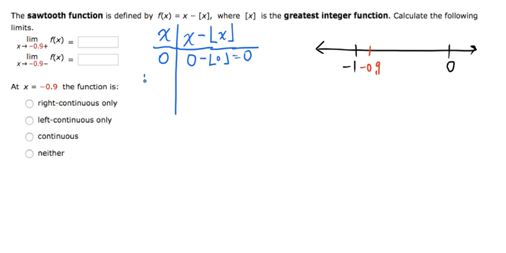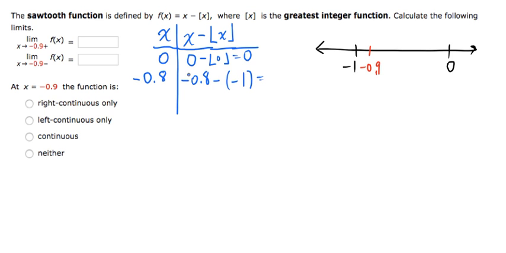But let's get closer. Let's go with negative 0.8. Then we'd have x itself, negative 0.8, minus the greatest integer of negative 0.8, which is negative 1.